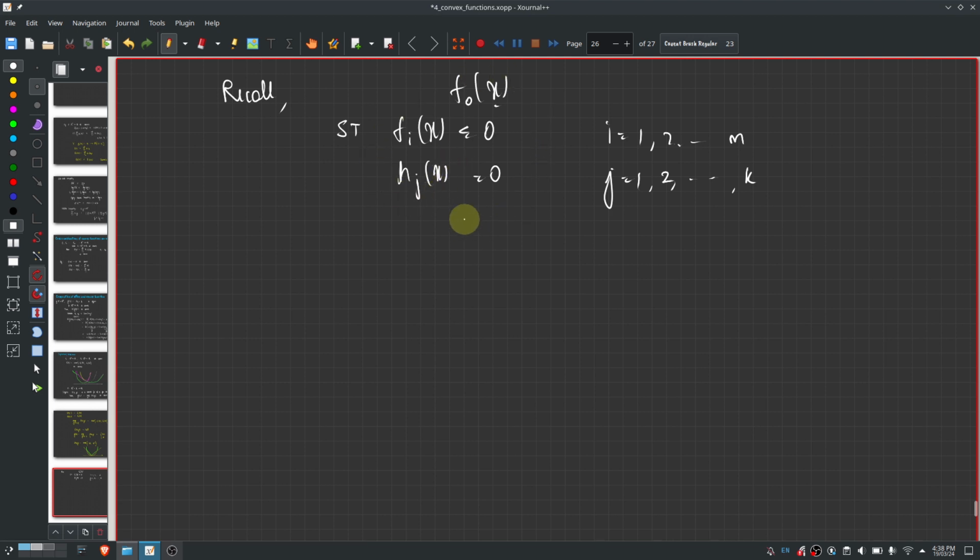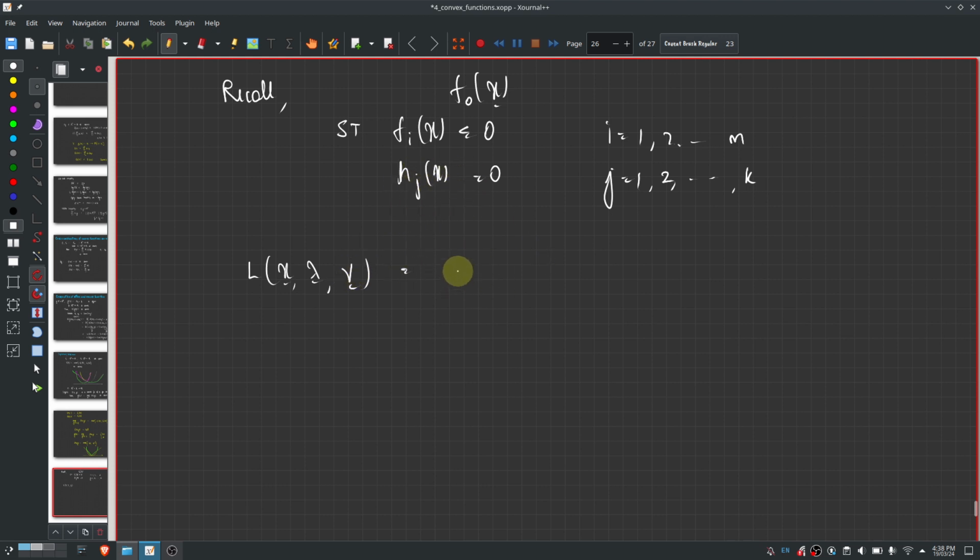So given such a constrained optimization problem, we defined the Lagrangian L of x, lambda, nu, where lambda and nu were the Lagrange multipliers, one Lagrange multiplier for each inequality constraint and one for each equality constraint.